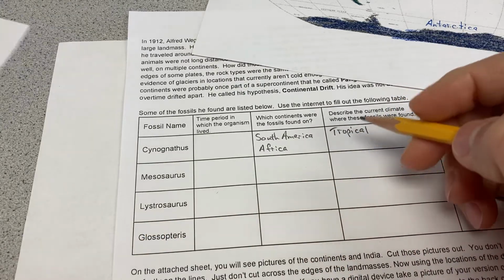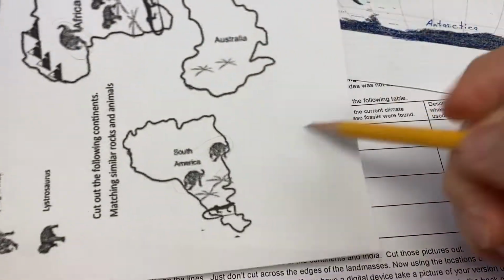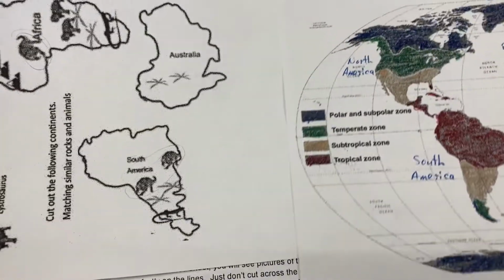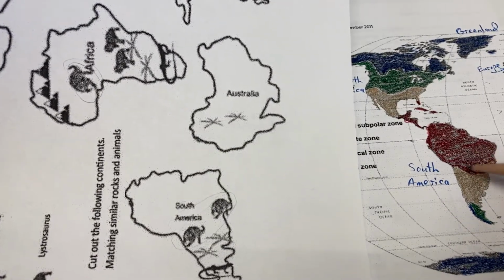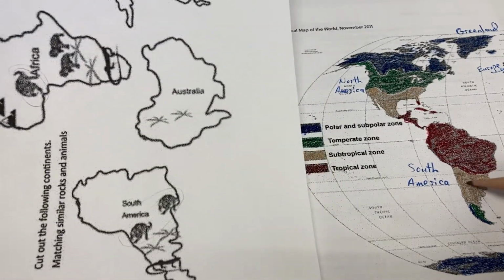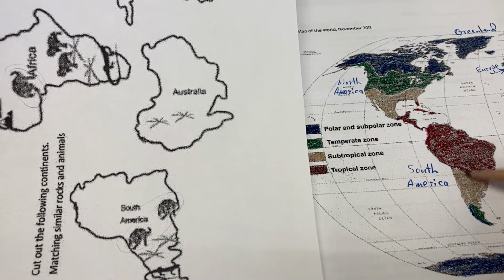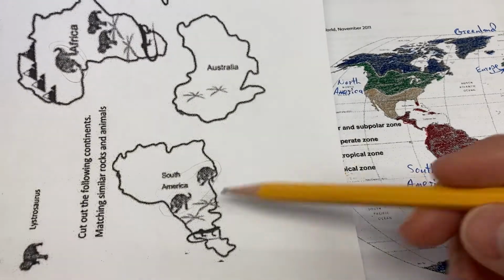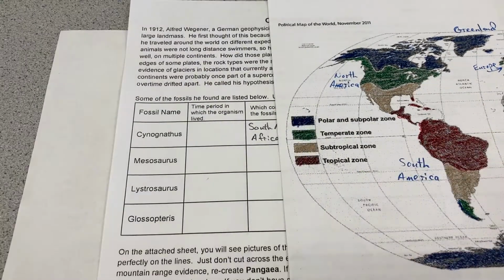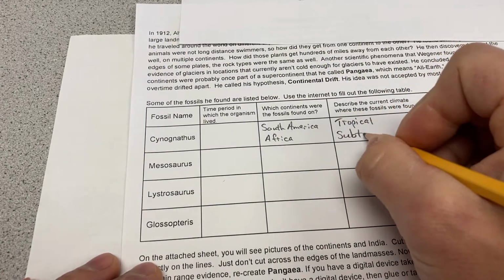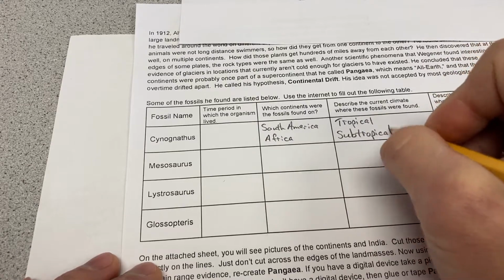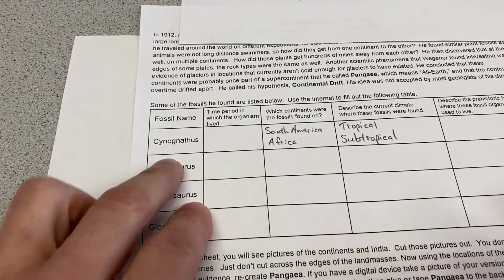And then let's look at the South America part. Well, he's kind of right here in South America. So looking at South America, it kind of falls into the tropical and the subtropical zones. So we're going to add in the subtropical. See that? And now those 2 are done for this guy. Okay.